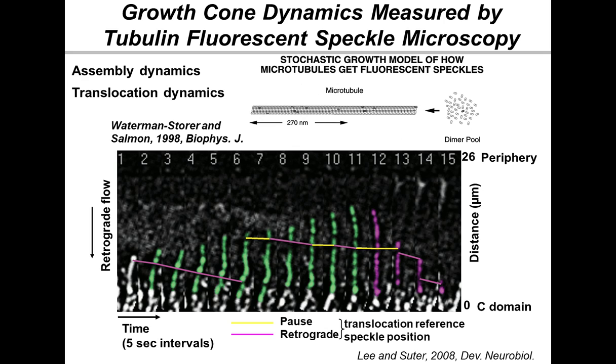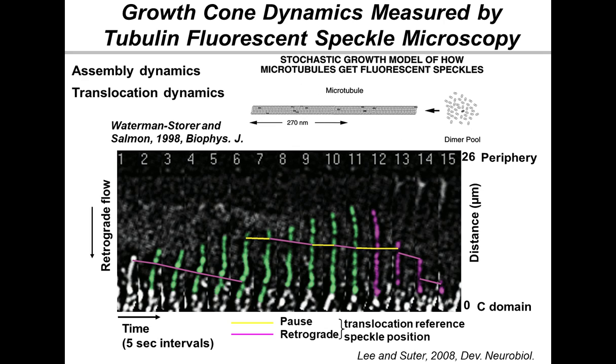What you see here is a time-lapse montage where you see different time points of a single microtubule growing and shrinking and also translocating. So the time is going from left to right, and the distance is showing along the y-axis, and these time intervals are 5 seconds here.